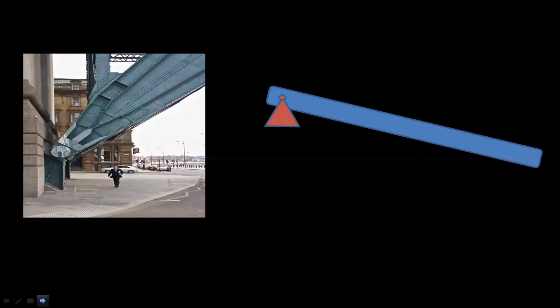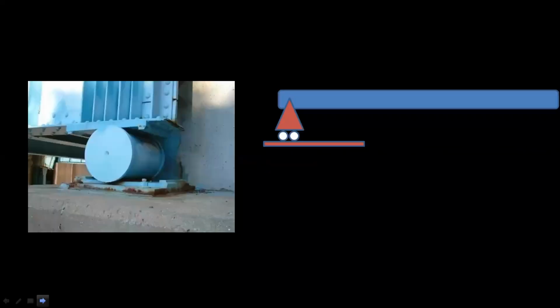Next support, it is the roller support. So roller support will offer only one reaction.